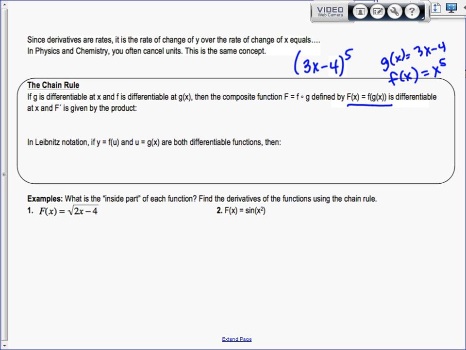Do you remember compositions from algebra 2 and so on? You take the 3x minus 4 and you replace the x with that. All right, it says this is differentiable at x, and f prime is given by the product: f prime of the inside times the derivative of the inside.